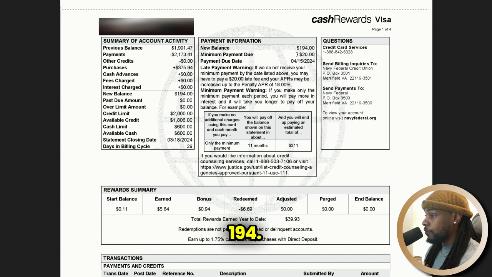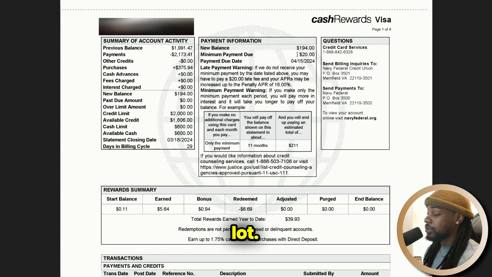So that's just for $194. You could only imagine what it would be if you had like $10,000. That's why sometimes people get in credit card debt and it's hard to get out of it, because they don't understand how something as simple as 18% and only paying the minimum payment can be that costly.